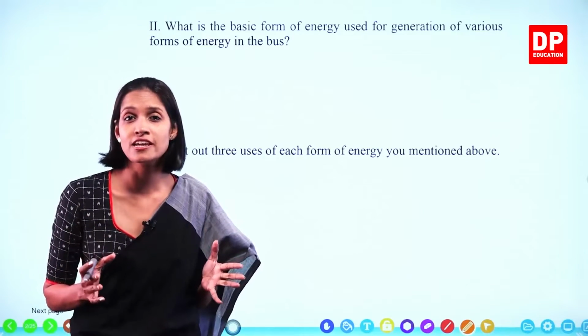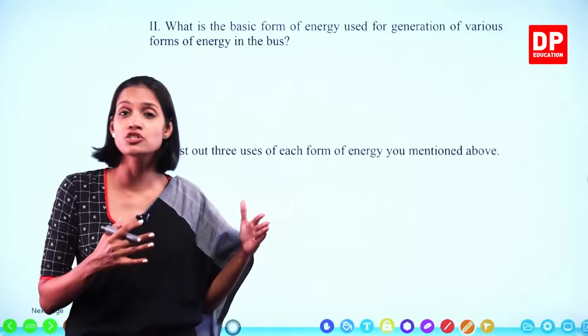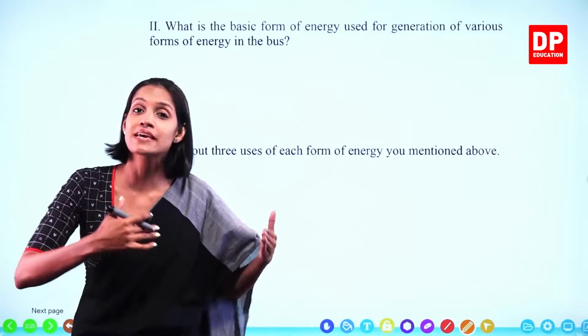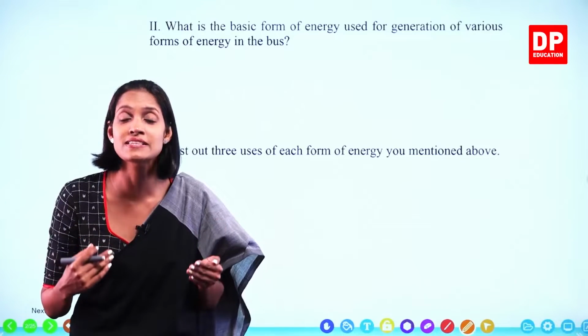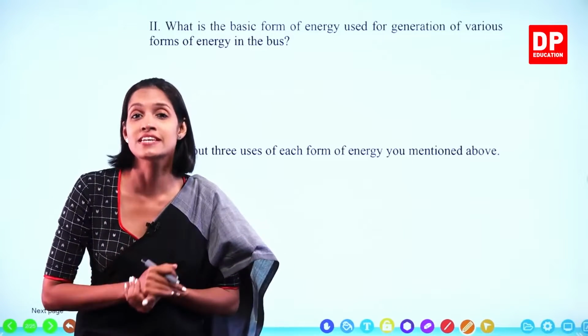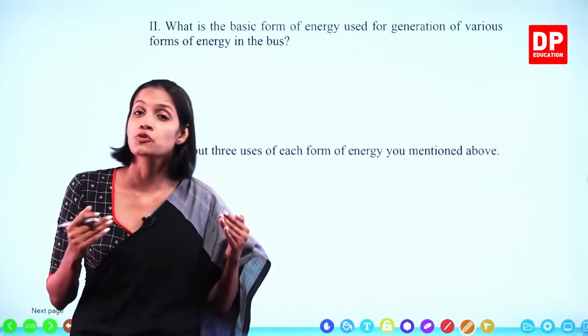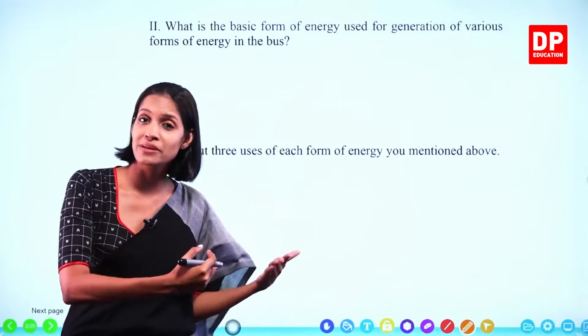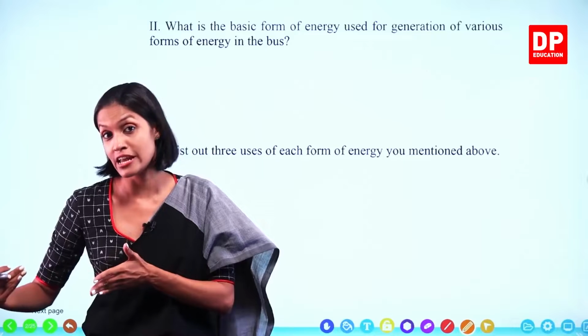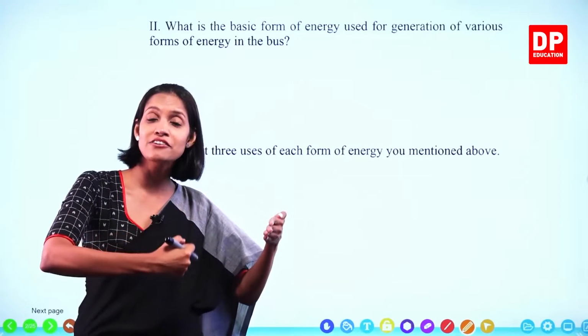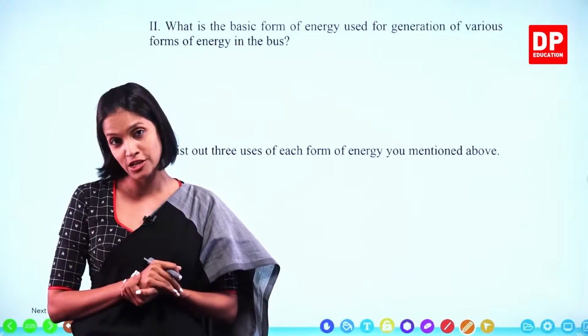So in that case, what is the basic energy used? You all know that all the batteries are considered as chemical cells. Right? Cells and batteries generate electricity because of chemical reactions. So because of chemical reactions, electrical energy is generated. Okay, so chemical energy is converted to electrical energy.